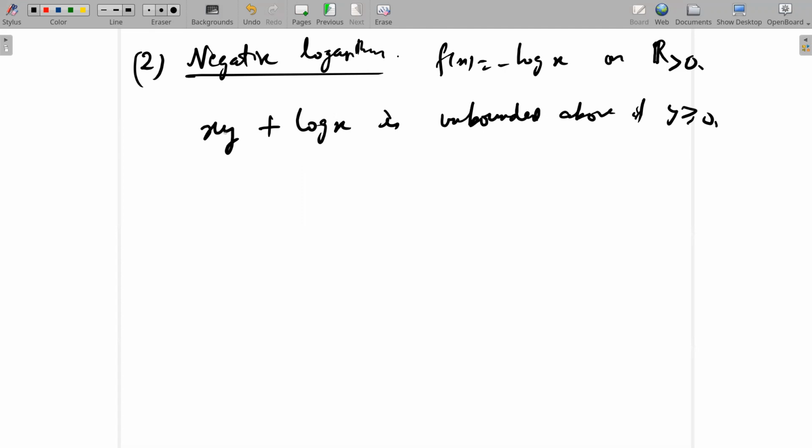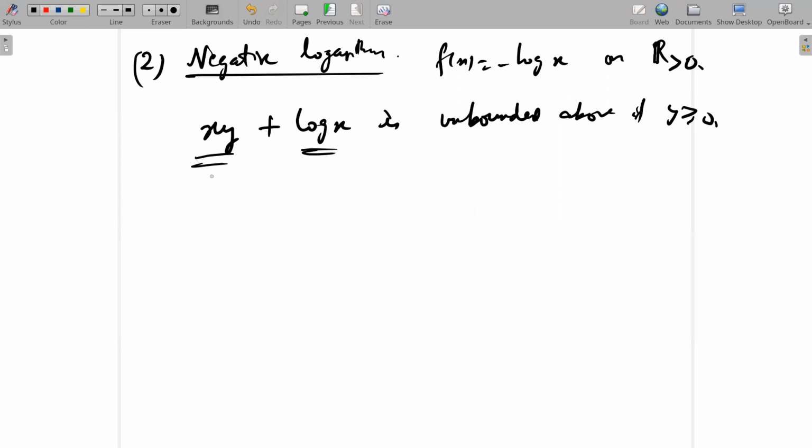Yeah, so it will be y. If y is strictly positive, then it will dominate log x. Actually, in this case, I don't even need that. Both of them will be positive quantities, and log x is unbounded. So I don't need the domination of log x by a linear function. It's just straight away.